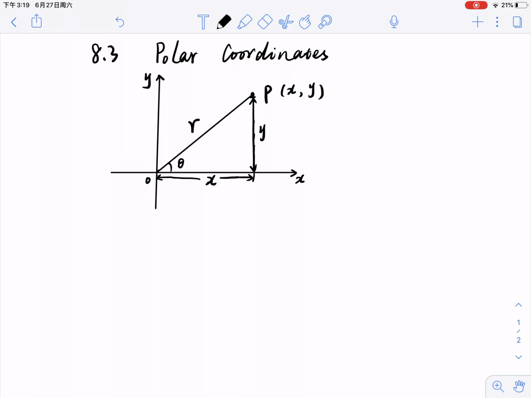The labels r, theta are called the polar coordinates of point P. x, y is called the Cartesian coordinates. r, theta is called the polar coordinates.